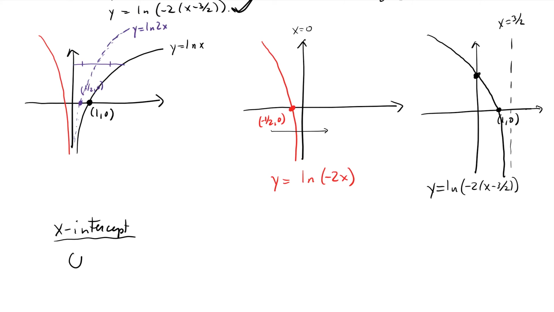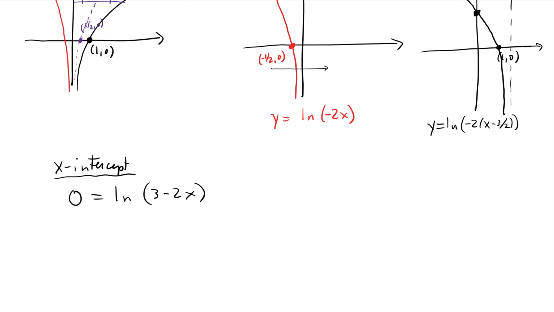To calculate the x-intercept, you set y to 0 and you try to solve for x. No, that's finding the y-intercept. The y-intercept is actually easier. You just replace x by 0.